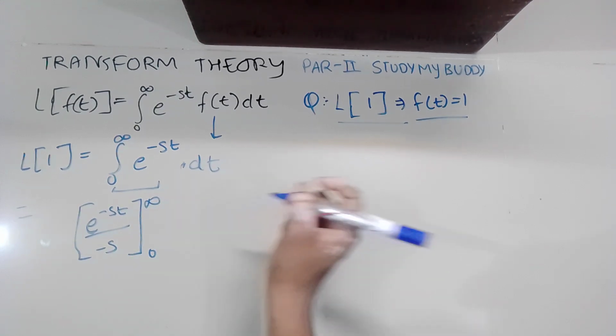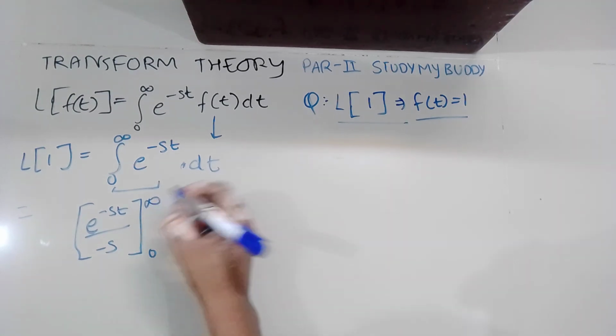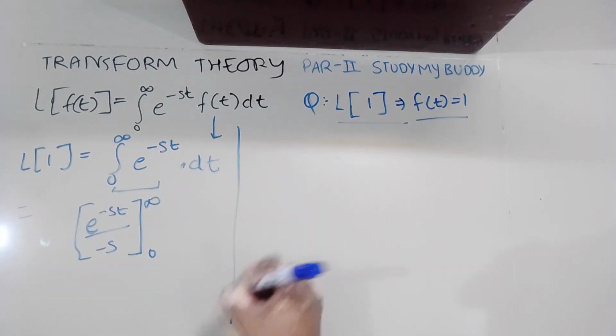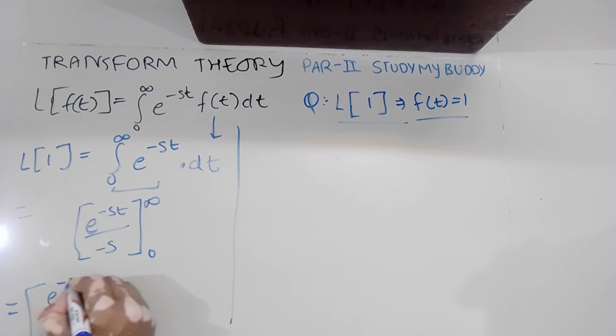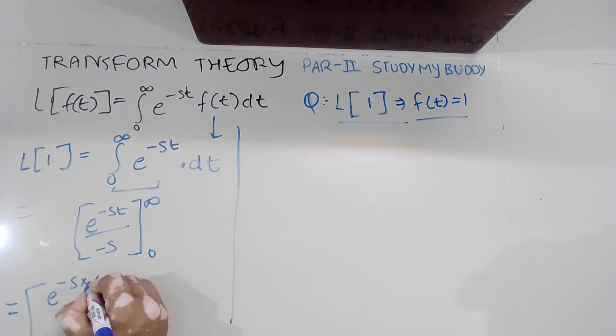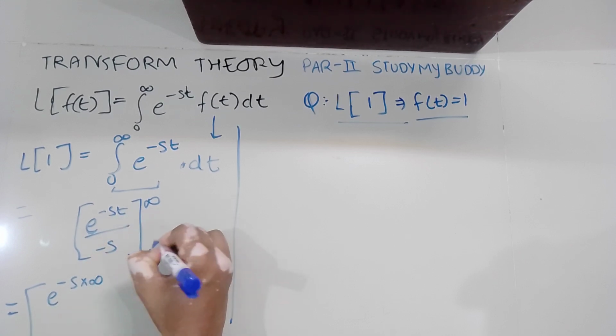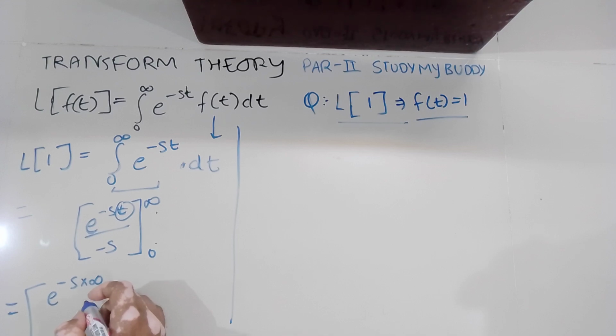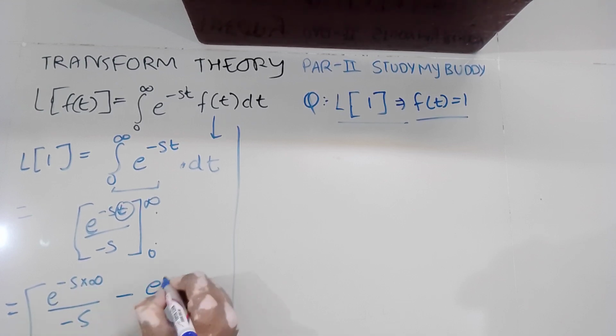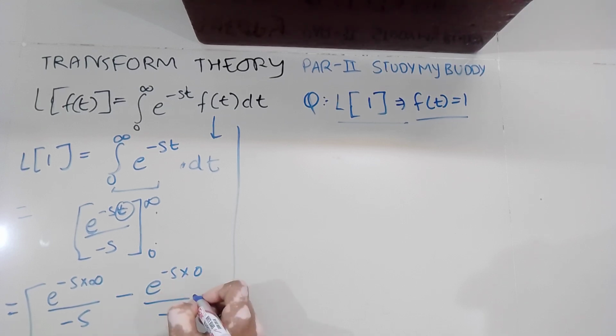And after this, let's substitute the limits. So it will be equal to e to the power minus s into infinity upon minus s, minus e to the power minus s into 0 upon minus s.